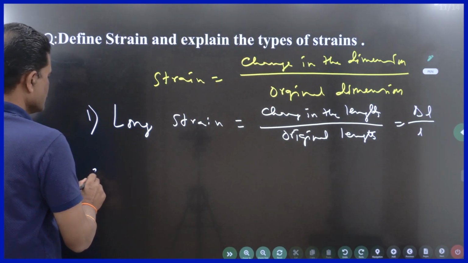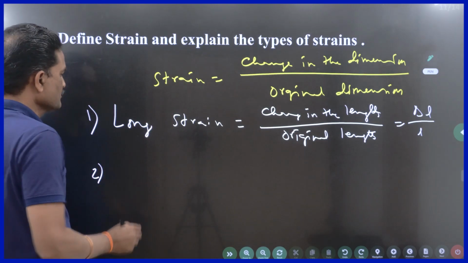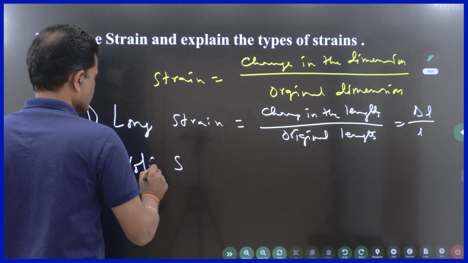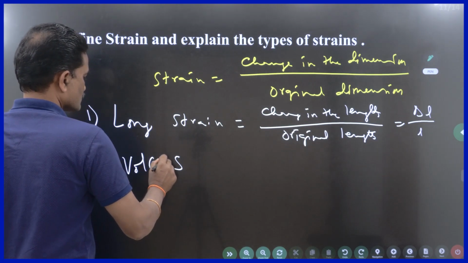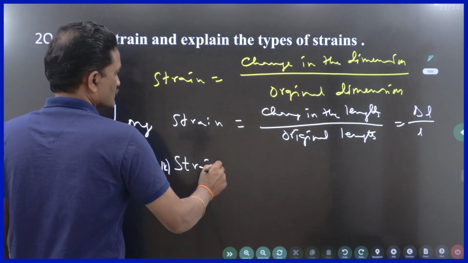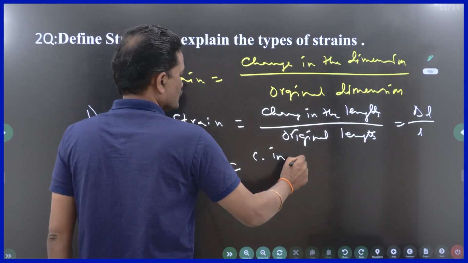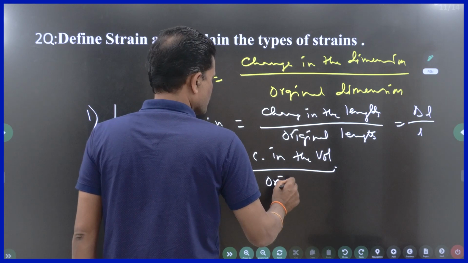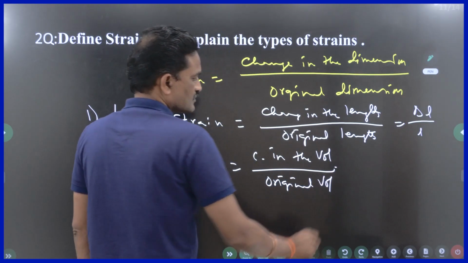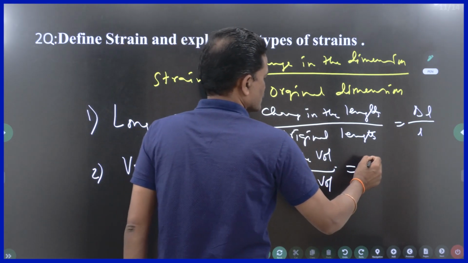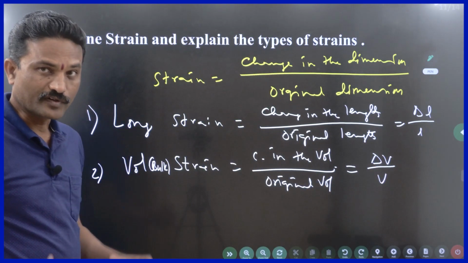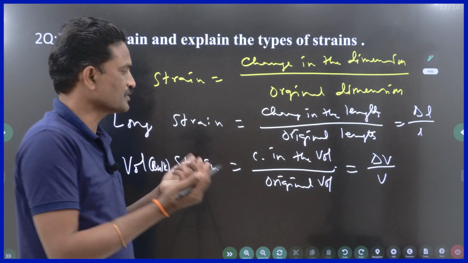The second one, if you want, you can draw a small diagram. Second one, volumetric strain or bulk strain. So change in the volume divided by initial or original value. How do you write? Delta V by V. If the volume is being decreased, you have to put negative.